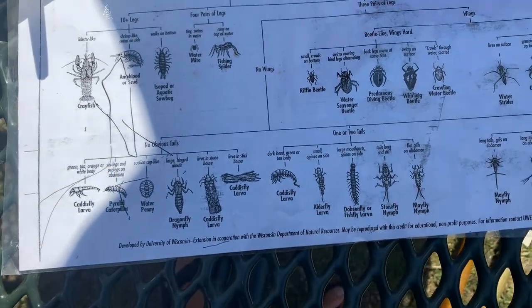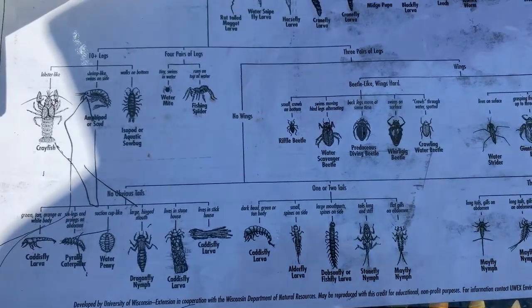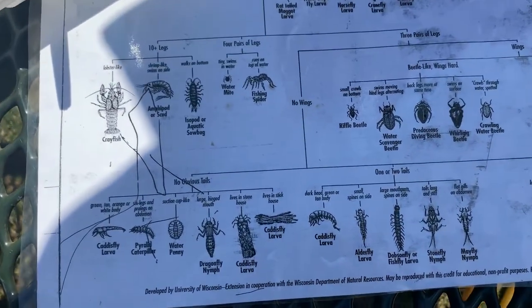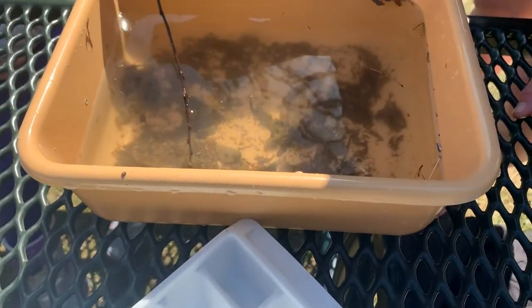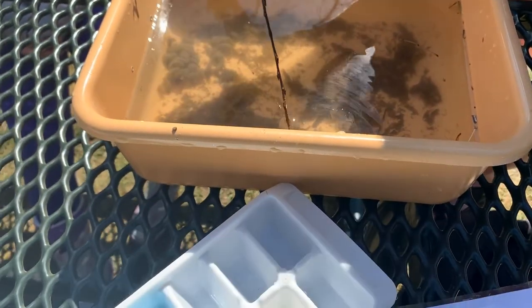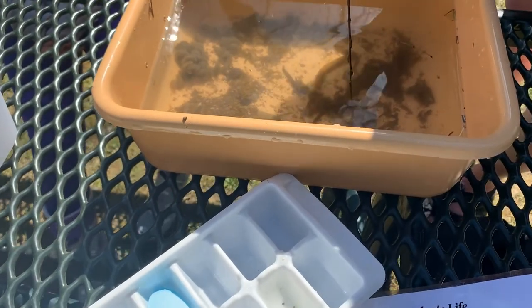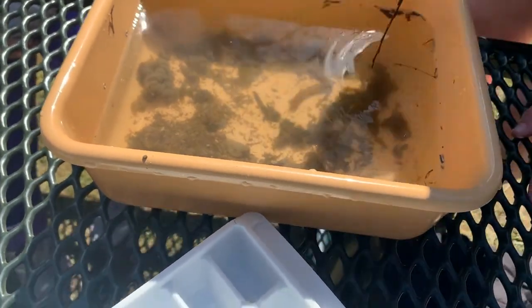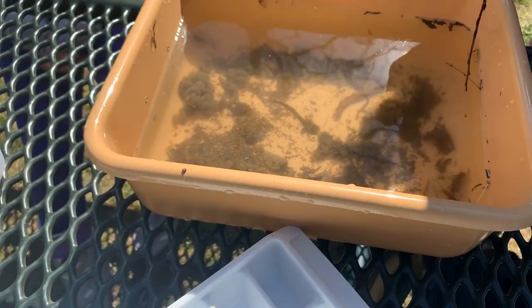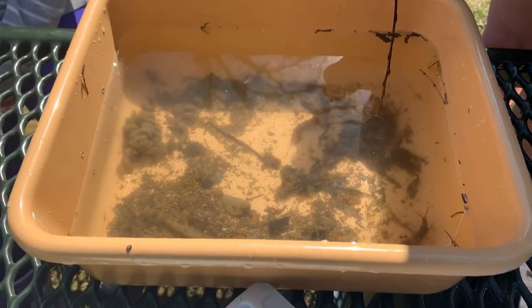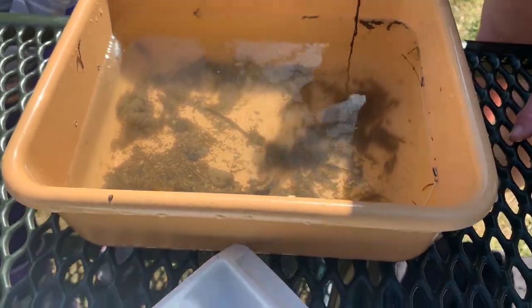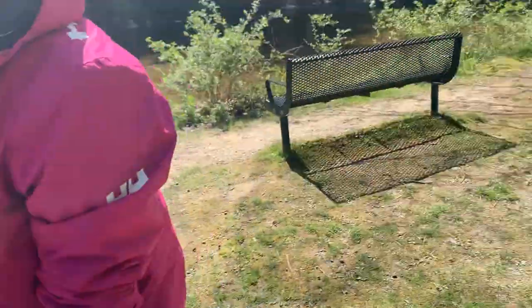You'll find everything in whatever kind of water it is, but if you find more of things that prefer polluted water, then you know that the water is pretty polluted. And if you find a bigger population of creatures that are in fresh water, or clean water rather, then you know that the stream quality is clean. And if you find a lot of polluted water indicators, then we need to do some investigation.